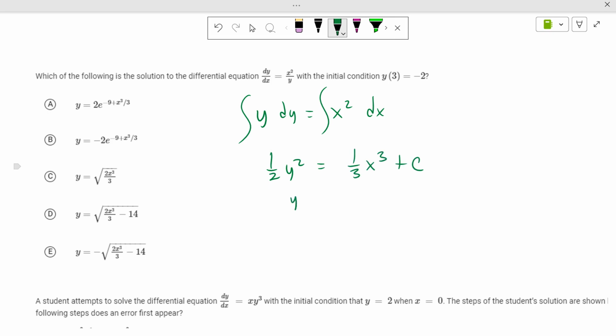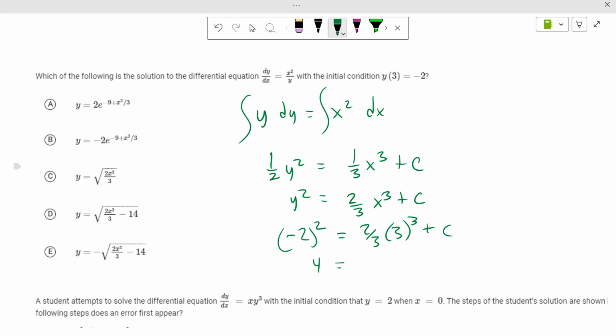Multiply by 2. y squared equals 2/3 x cubed plus c. I would go ahead and put in my numbers now before I square root them, and then square root in the end, so you find what c is and then square root. So if you put in a -2 here equals 3 cubed here plus c.